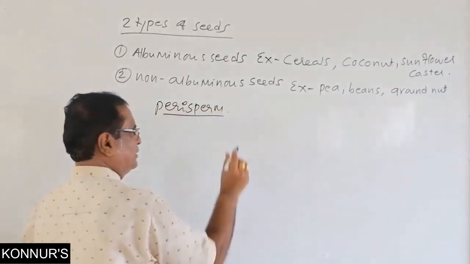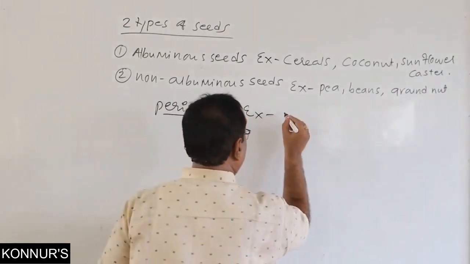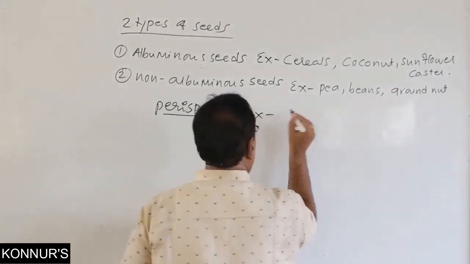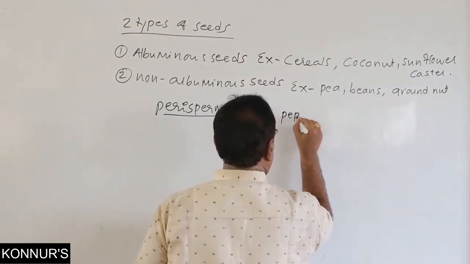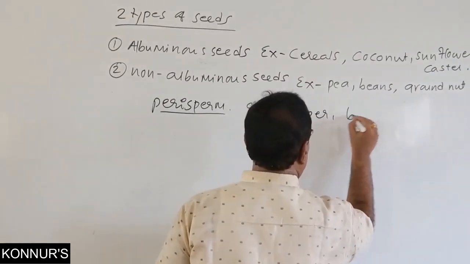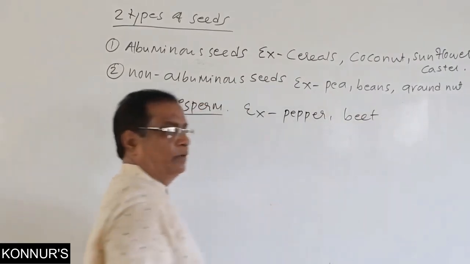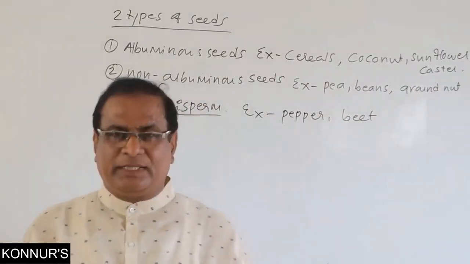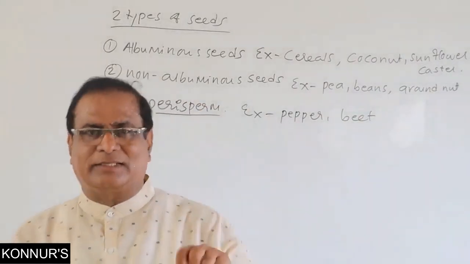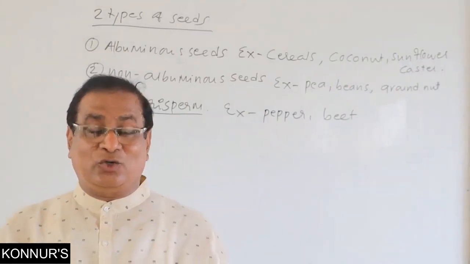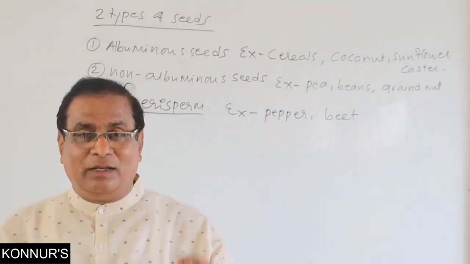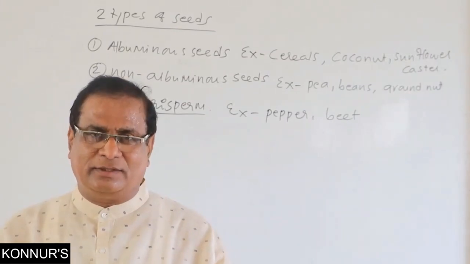Perisperm. This you could see in the case of pepper and beet, where there is the presence of nucellus in the seed, not only endosperm.